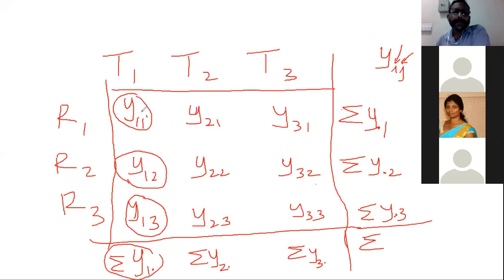These are called first element, second element, third element, and so on. If I add all the values, how can I write y? Anyone? Y dot dot. So that means it is the total. This is called the grand total.